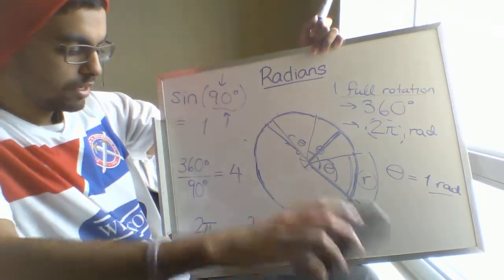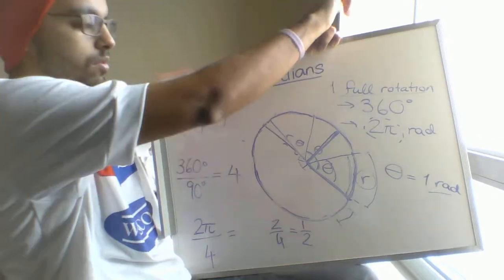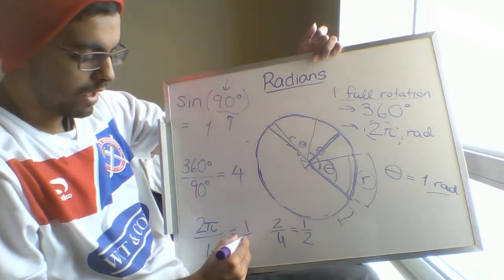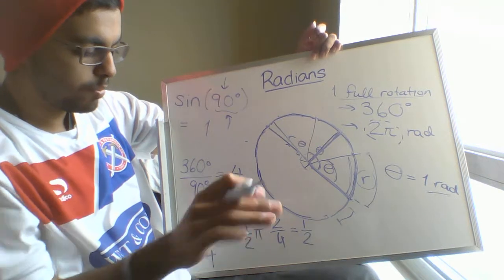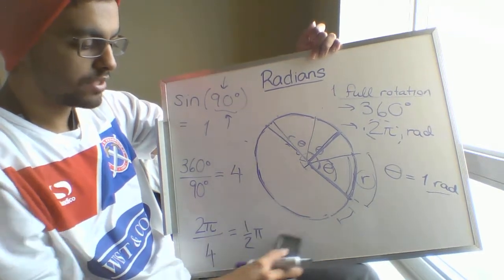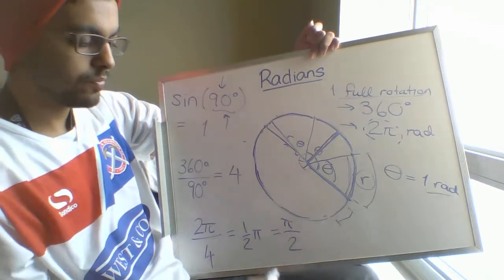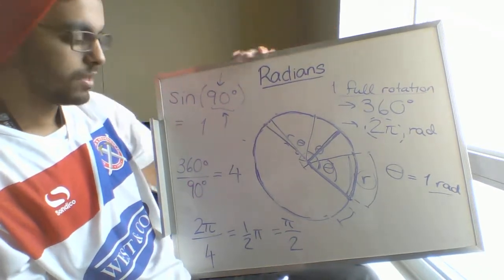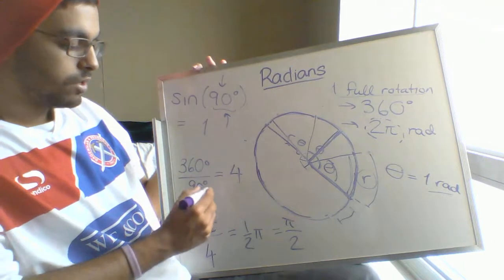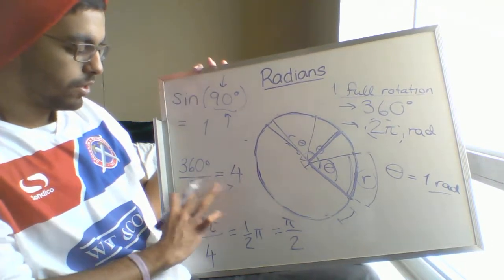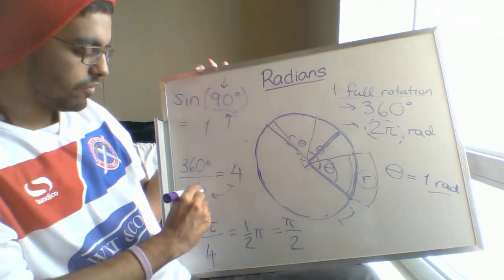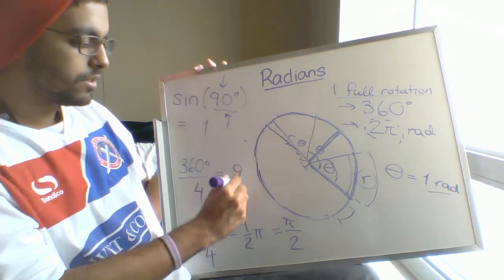So that means you could write this as 1/2 pi, or if you want to simplify it, you can write it as pi over 2. You could do the same rearrangement here: 360 divided by 4 gives us 90 degrees.